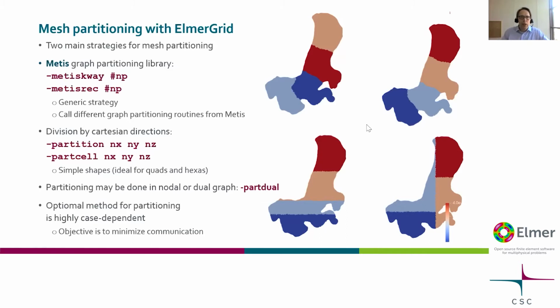We have 2 main families for mesh partitioning. The Metis graph partitioning. There are also other libraries for graph partitioning, but Metis is the one that ElmerGrid uses. Basically, it takes the computational graph, the connectivity network of the finite element mesh, and uses only that to make some heuristic partitioning, which aims to minimize the communication.